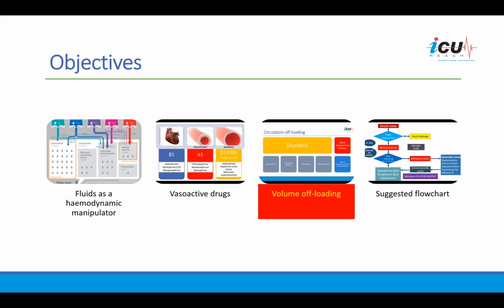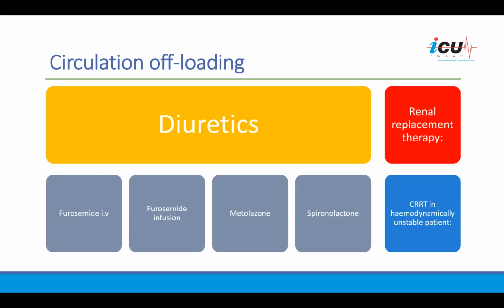So we finished talking about fluids and vasoactive agents, and we have a few interventions that can help in volume offloading. This could be with diuretics, whether we're using furosemide IV bolus or furosemide infusion.